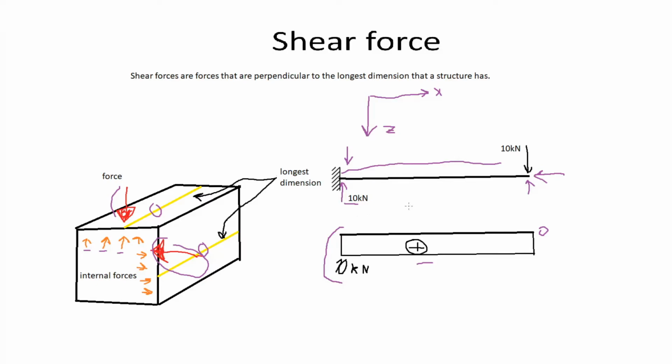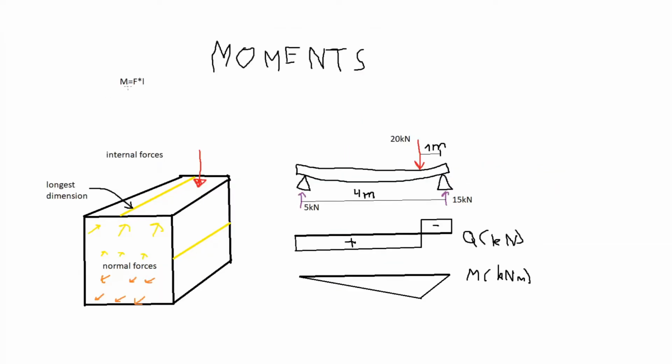Next up, let's move on to moments. A moment is equal to the force times the distance that is perpendicular to that force. So for example, we have this force over here.